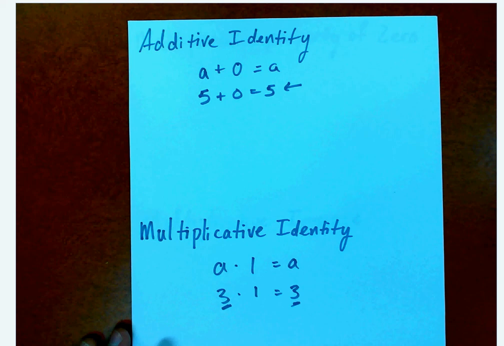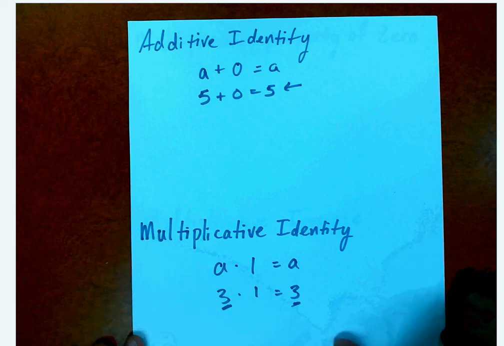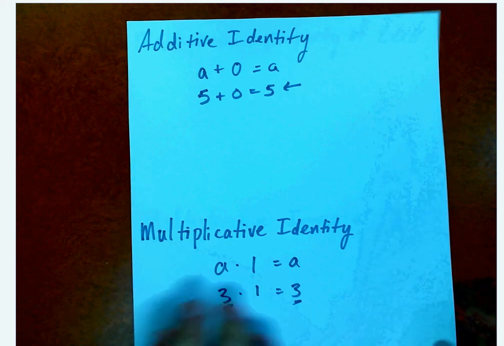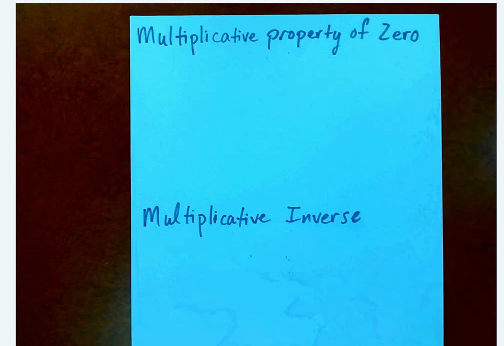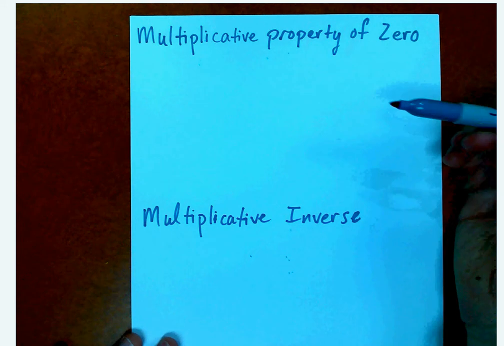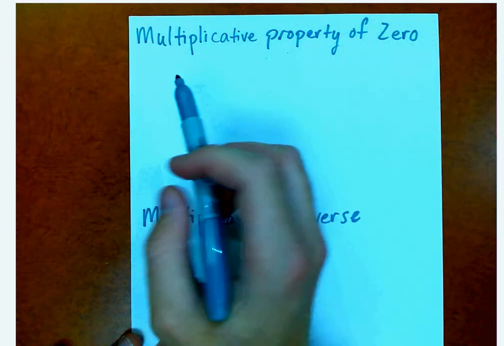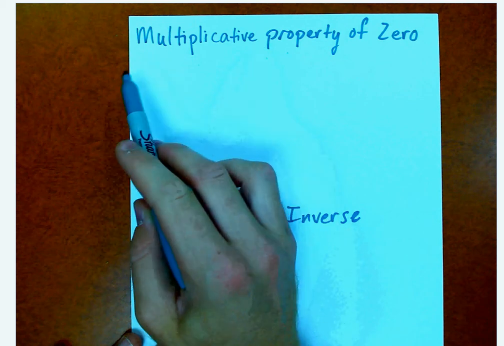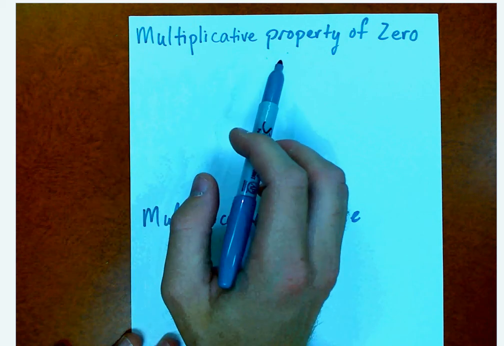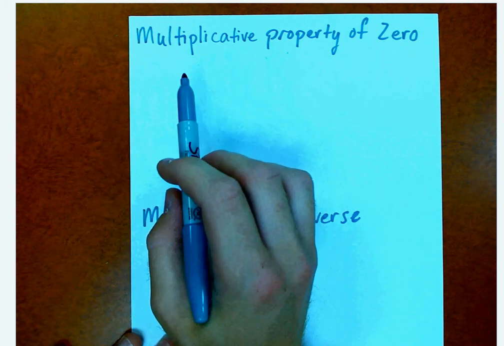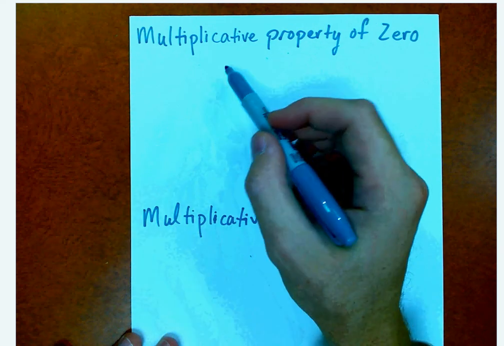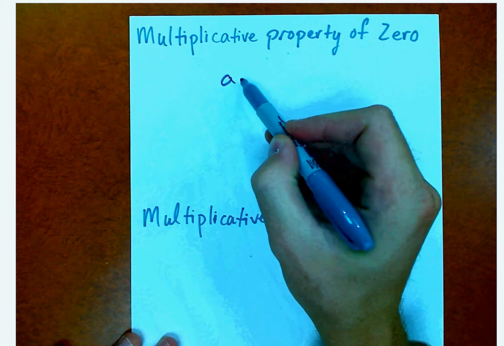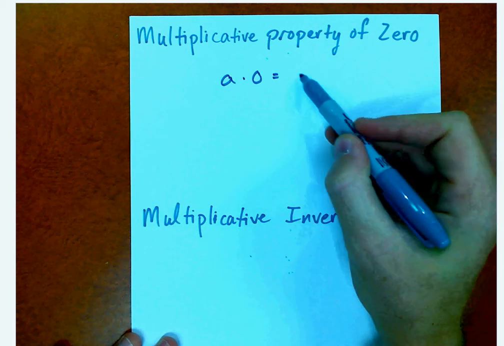Some properties that are very similar to the identity properties are the multiplicative property of 0 and the multiplicative inverse. It's a fun word to say, multiplicative. I like to call this the no-duh property, because anytime you multiply a number times 0, it is 0.